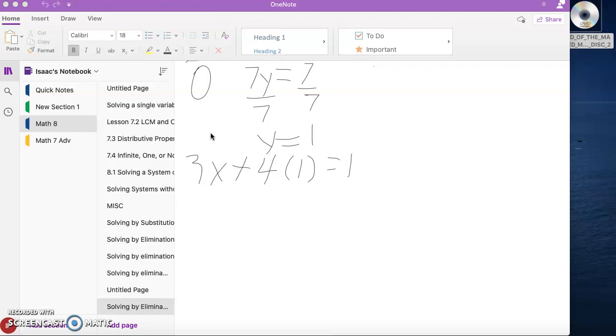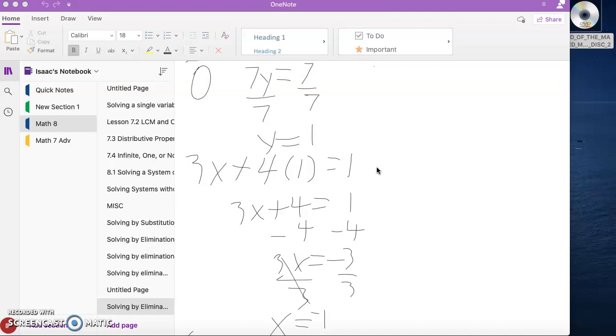So that's 3x plus 4 times 1 equals 1. So that means 3x plus 4 equals 1. Subtract 4 from both sides, I'll get 3x equals negative 3. Divide by 3 on both sides, and I'll get x equals negative 1. And that leads me to my final answer: since x was negative 1 and y is 1, negative 1, 1. And then you're finished.